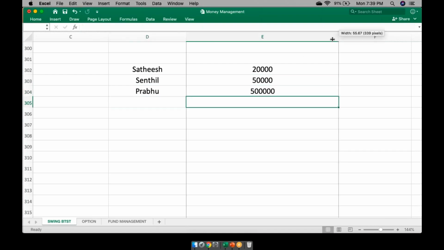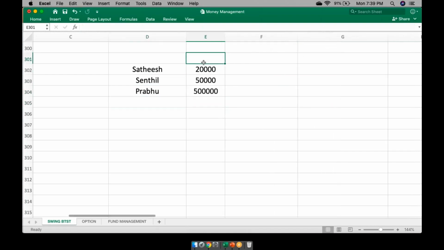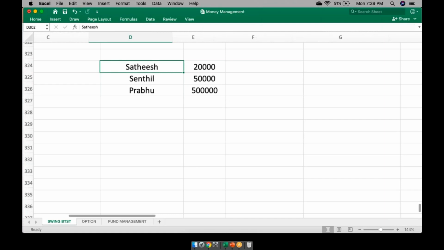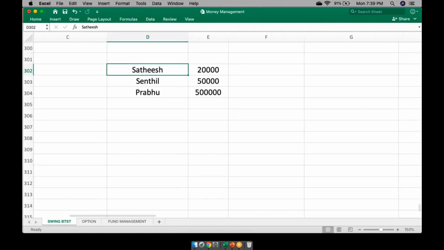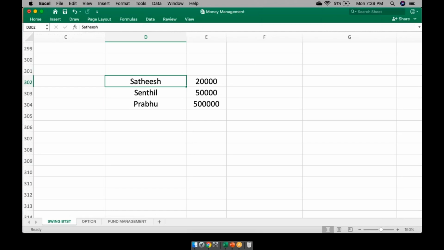So now what everyone does is, everyone is gathered in a group, and this will be the capital ratio. Say, for example, Satish will have 20,000 rupees, Senthil will have 50,000 rupees, and Prabhu will have 5 lakh rupees.